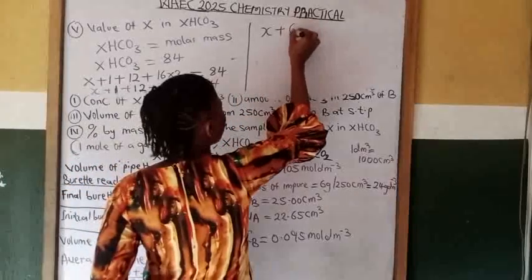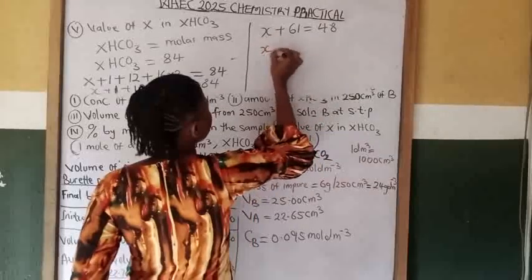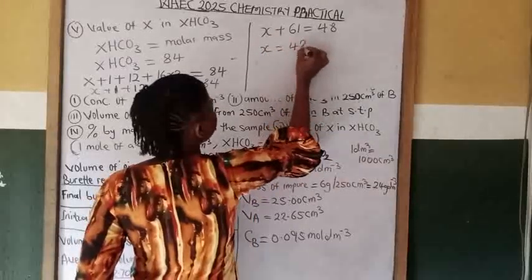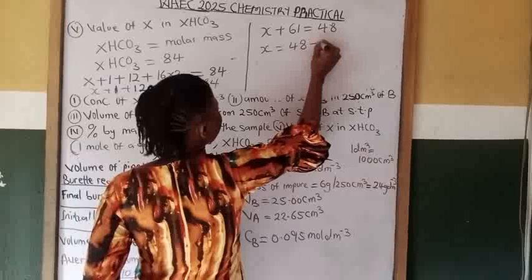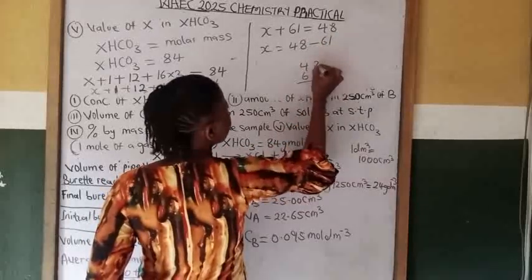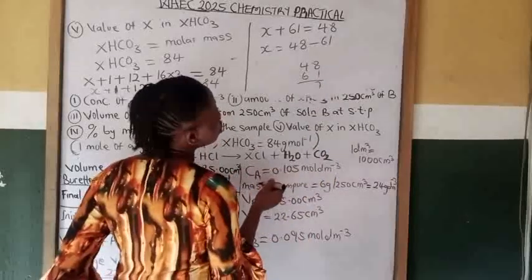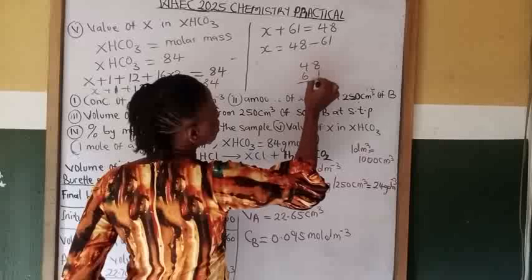So x plus 61 equal to 84. So x will now be equal to 84 minus 61.